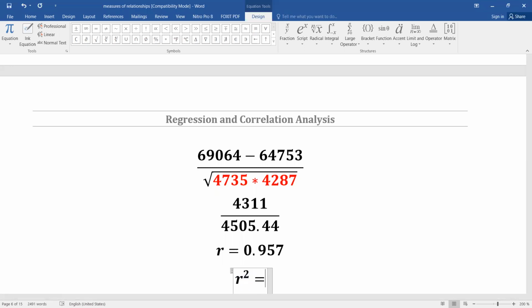R squared is equal to what? R squared is equal to 0.9159. So multiply that by 100.